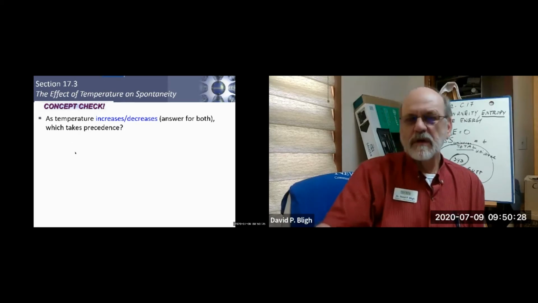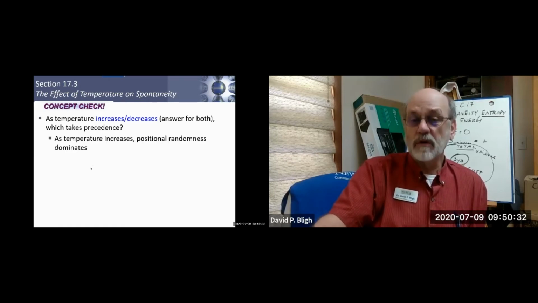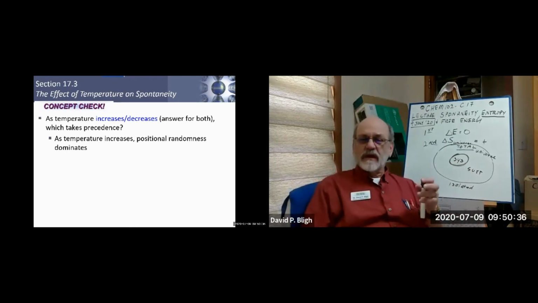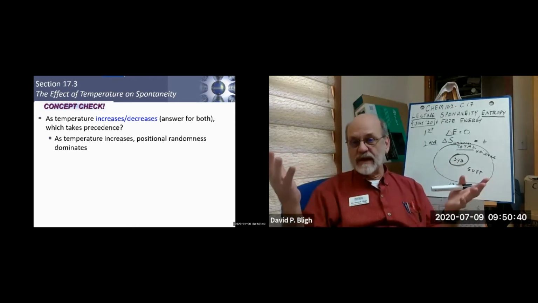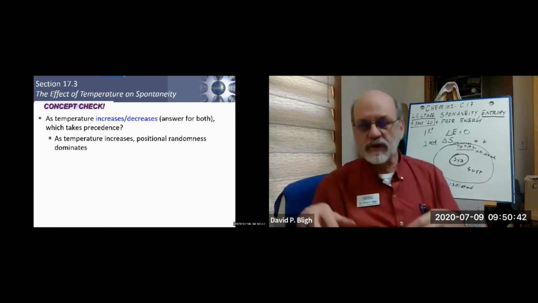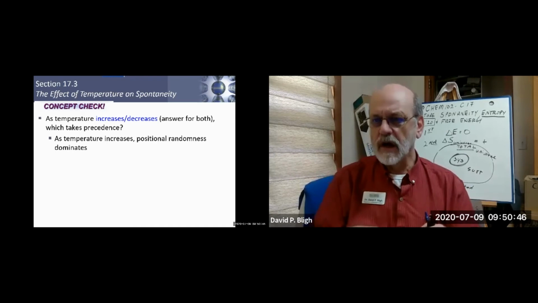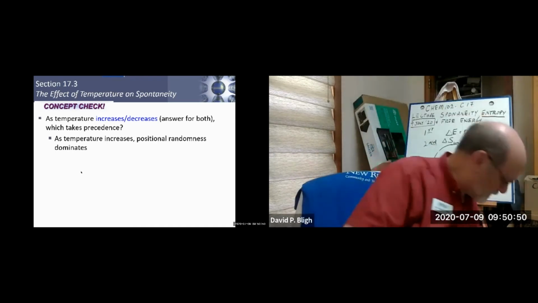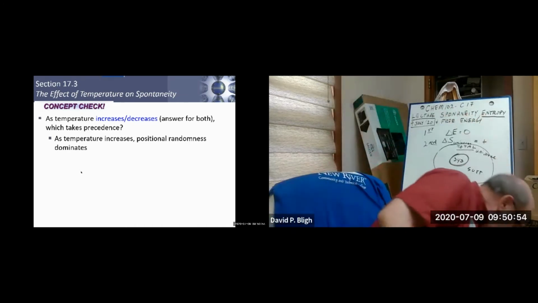Which takes place, energy randomness or positional randomness? Well, as the temperature increases, positional randomness obviously dominates because you're producing many more microstates as you increase the energy of the substance. So as temperature increases, positional randomness is dominant.